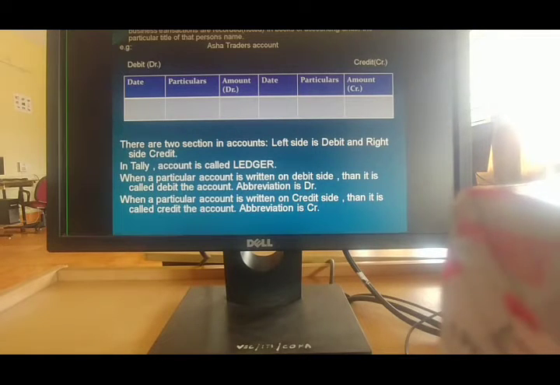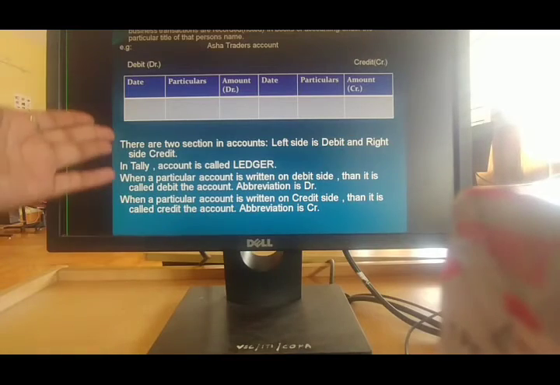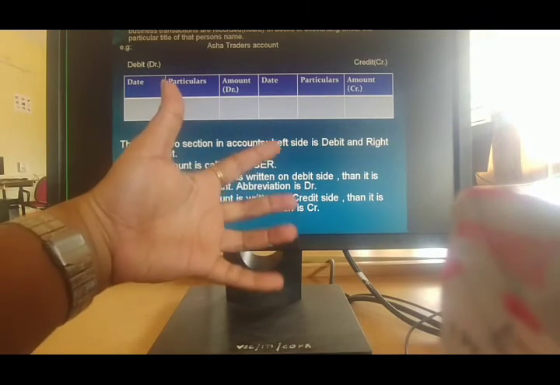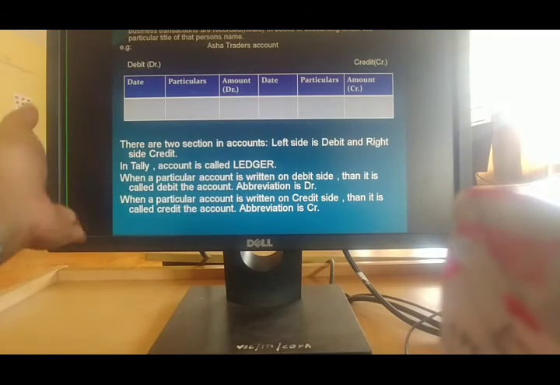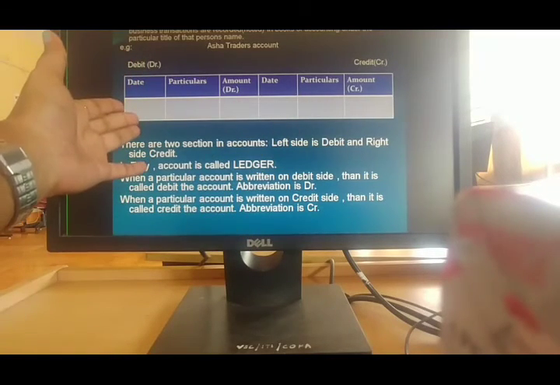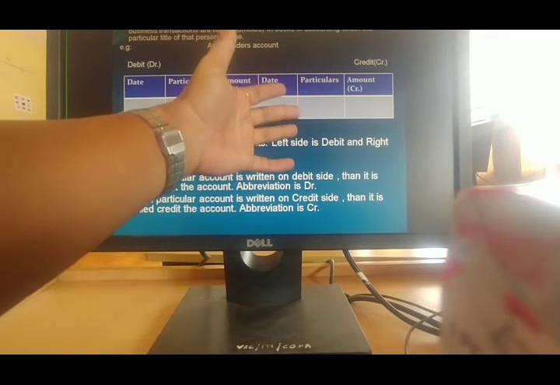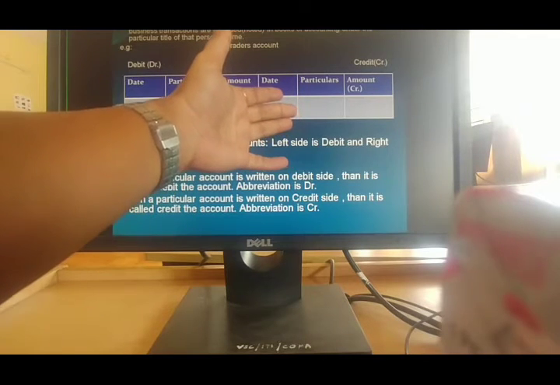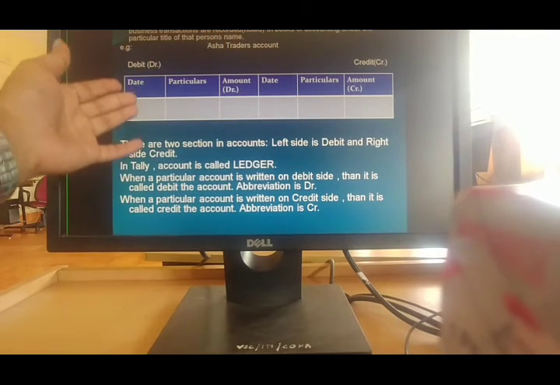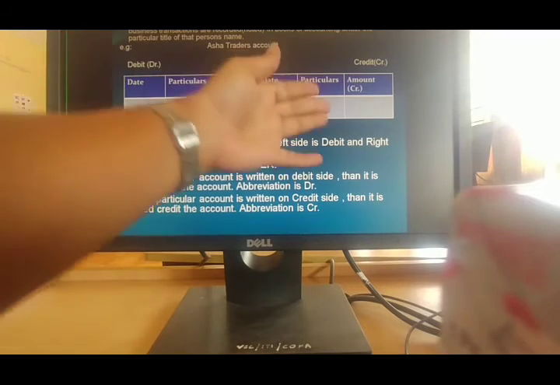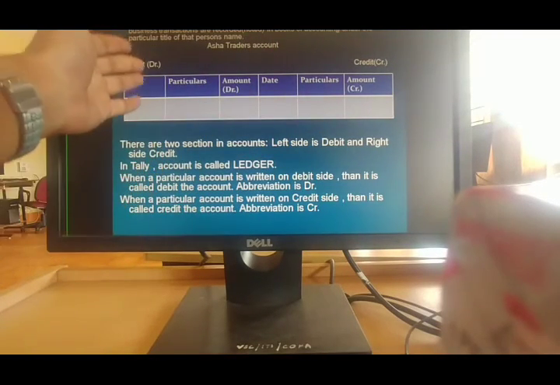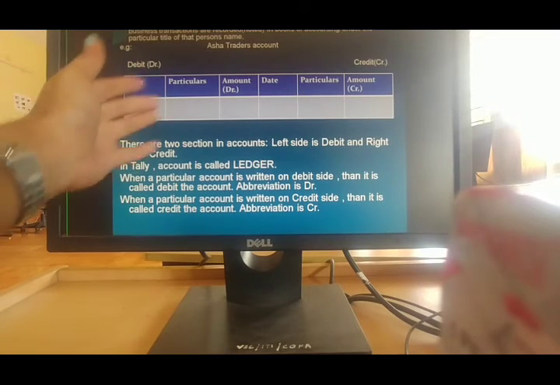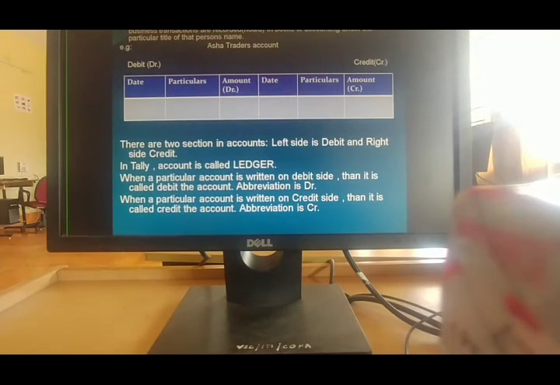But it's not always that debit will be an expense and credit will be an income. It can be vice versa. Debit can be an income and credit can be an expense. Debit can be a loss and credit can be a profit, or debit can be a profit and credit can be a loss.